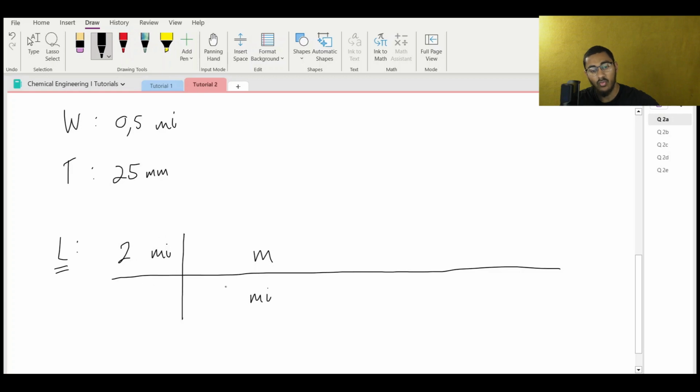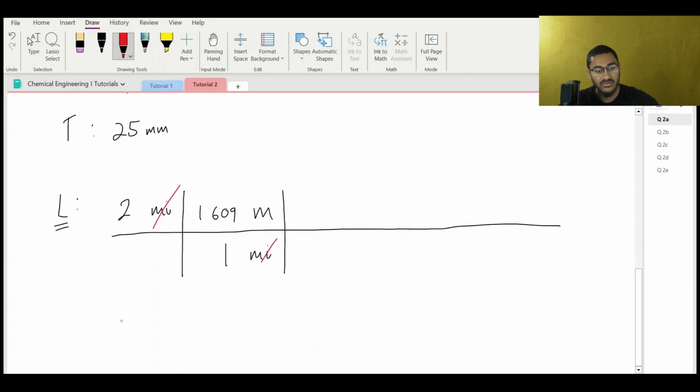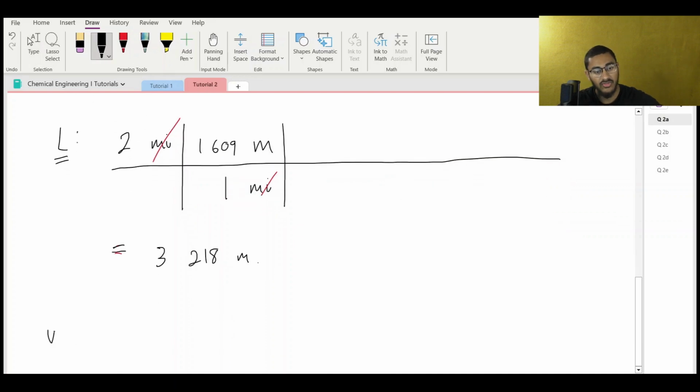Okay, so I know that 1 mile is 1,609 meters. All right. So once I've got miles canceling with miles, let me just undo that. Remember, I like to cancel in red pen. Okay, so once we convert the miles out and we get meters, we are pretty much done. Okay, so this 2 miles becomes 3,218 meters. Done.